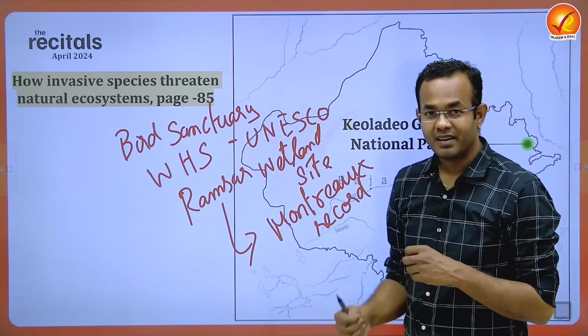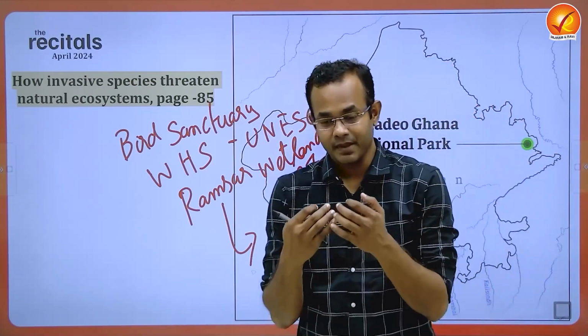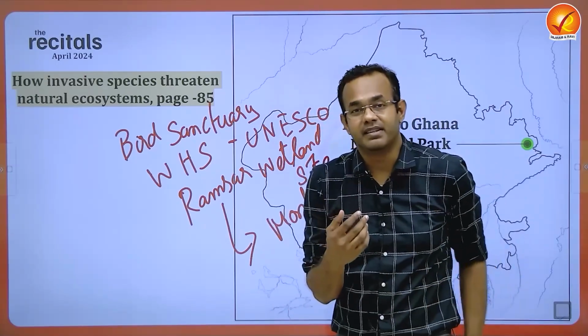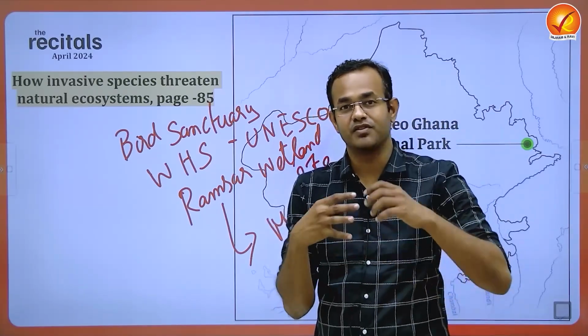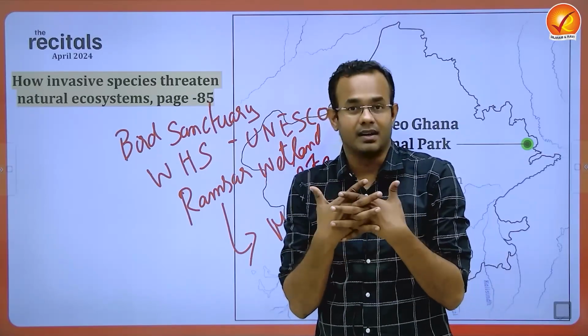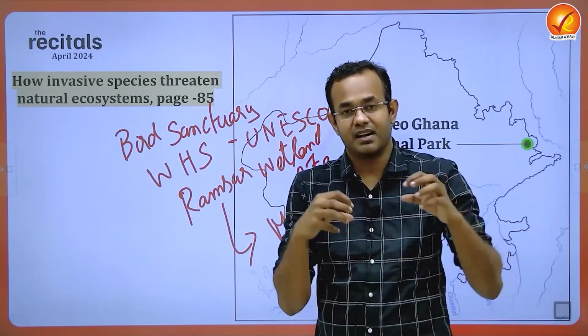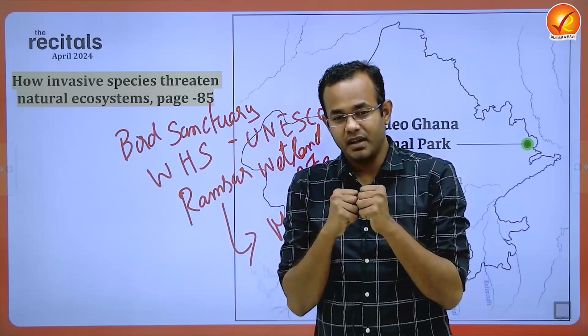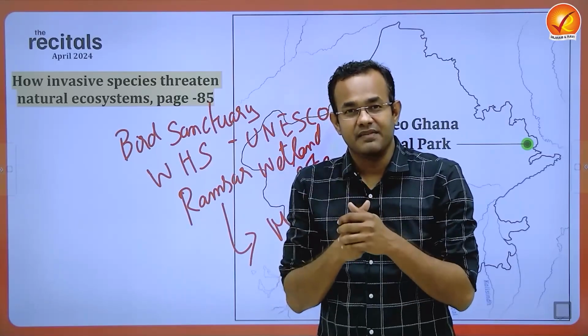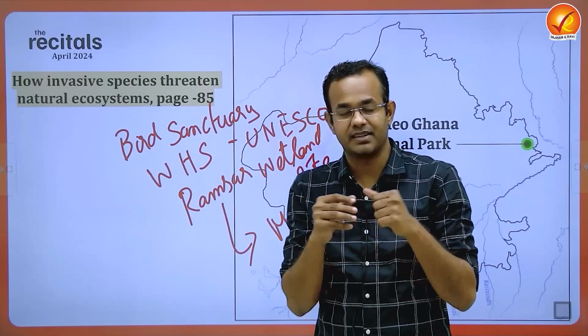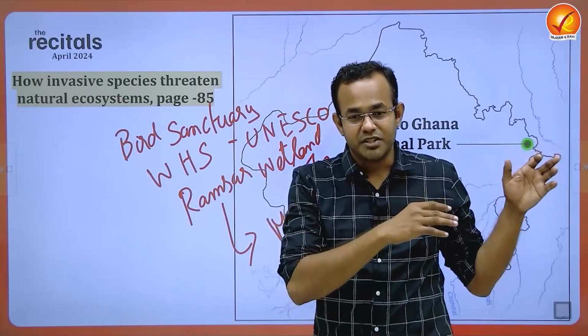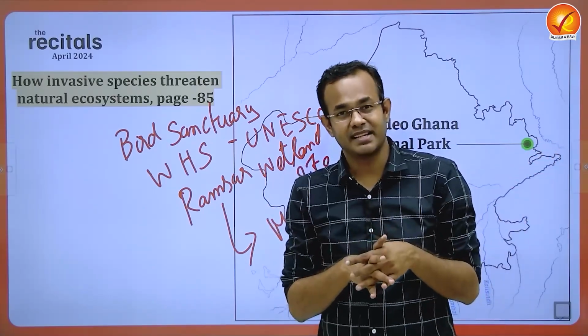Another factor is that before independence, we had game reserves. For example, in the movie Lagaan, there is a scene where Aamir Khan and the foreign female actress are together. She teaches Aamir Khan how to play cricket, at a time when other British people come there to hunt certain animals.